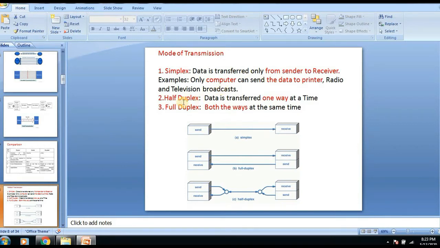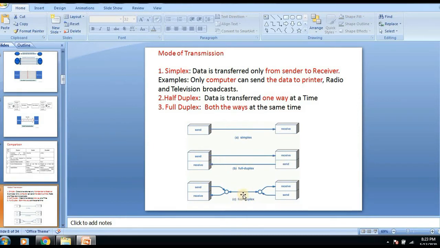The next category is half duplex, which means the data is transferred one way at a time. The data can be transmitted from sender to receiver, or from the receiver side to the sender, but only one at a time.